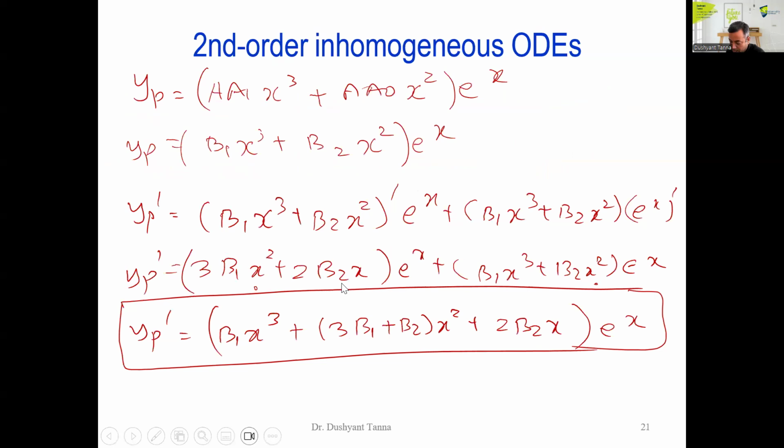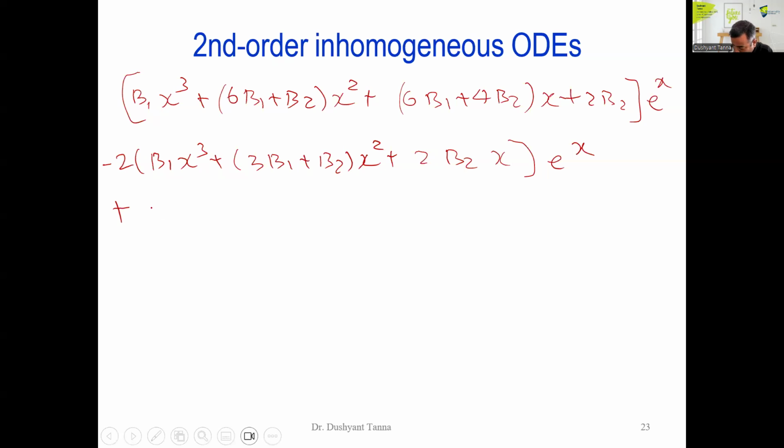Y is a few slides back. Y is b1x3 plus b2 x square, e raised to x, is equal to 6x e raised to x. 4 or 6? What was it? 6, sorry.